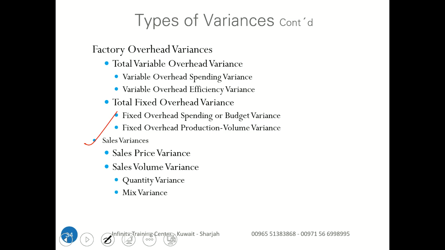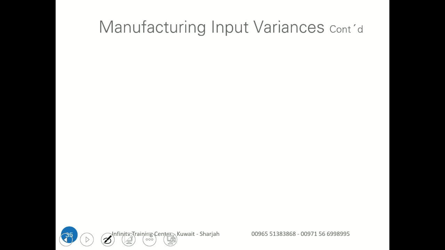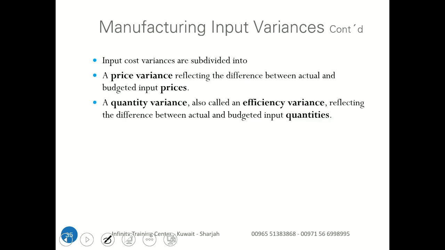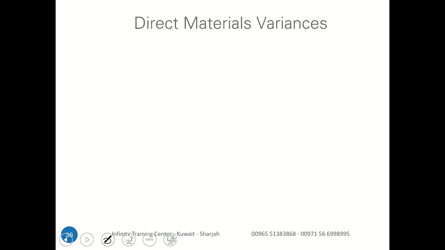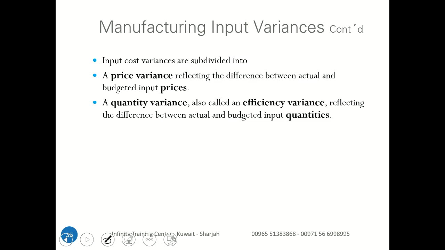So we will start, under manufacturing input variances, with direct material variances. We have to understand that input cost variances are subdivided into two. So whatever input variances we have, this will be divided into 2.